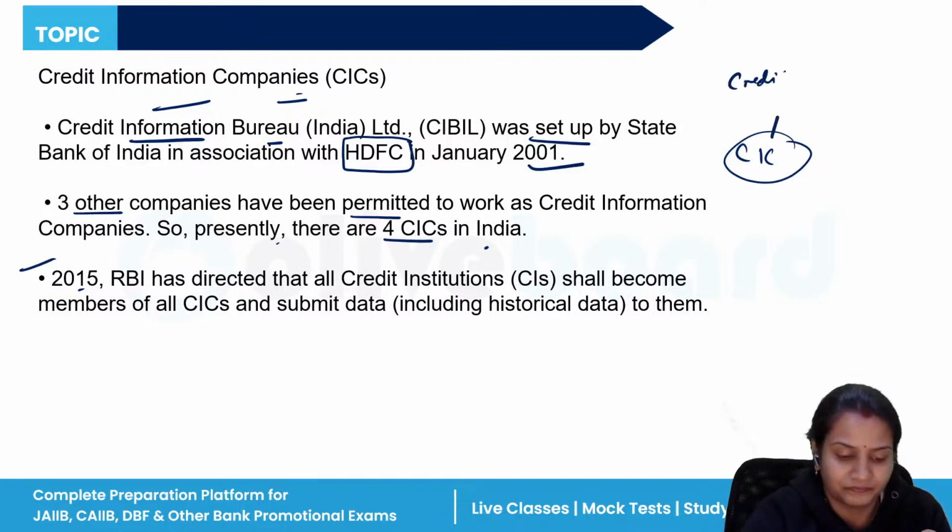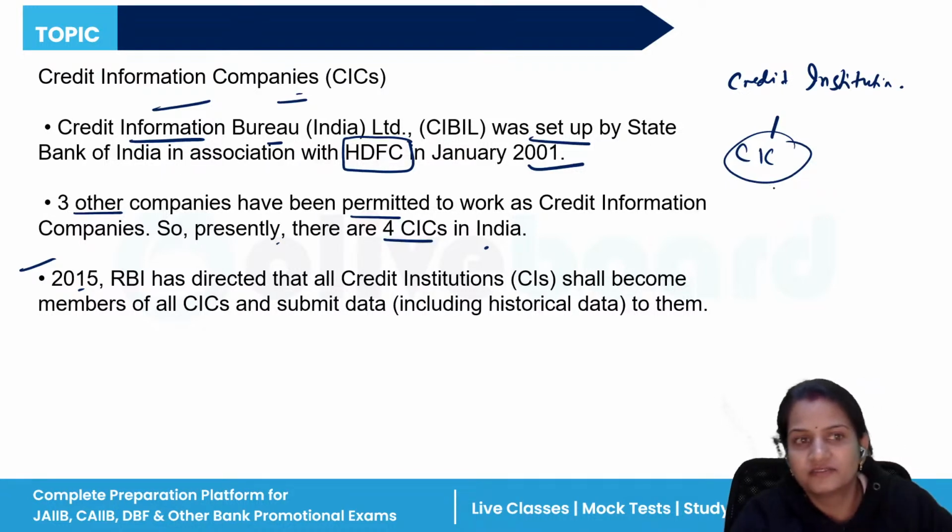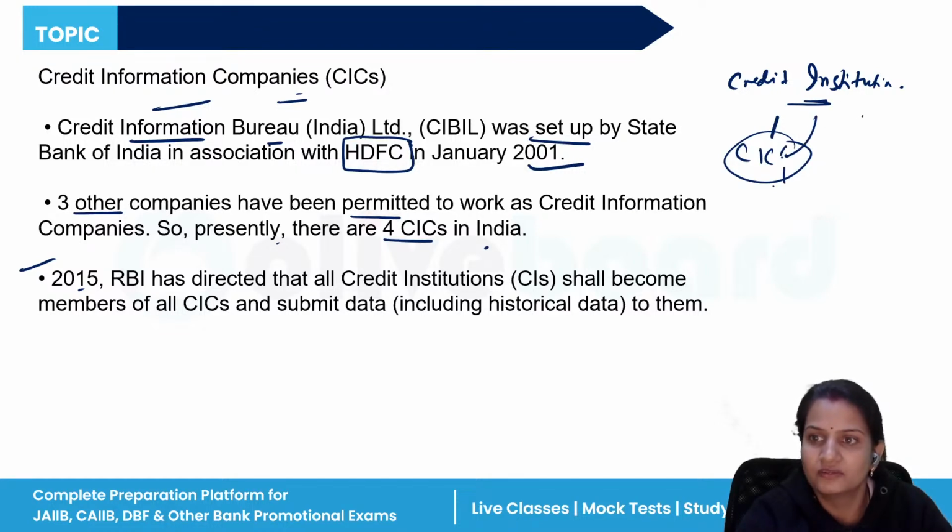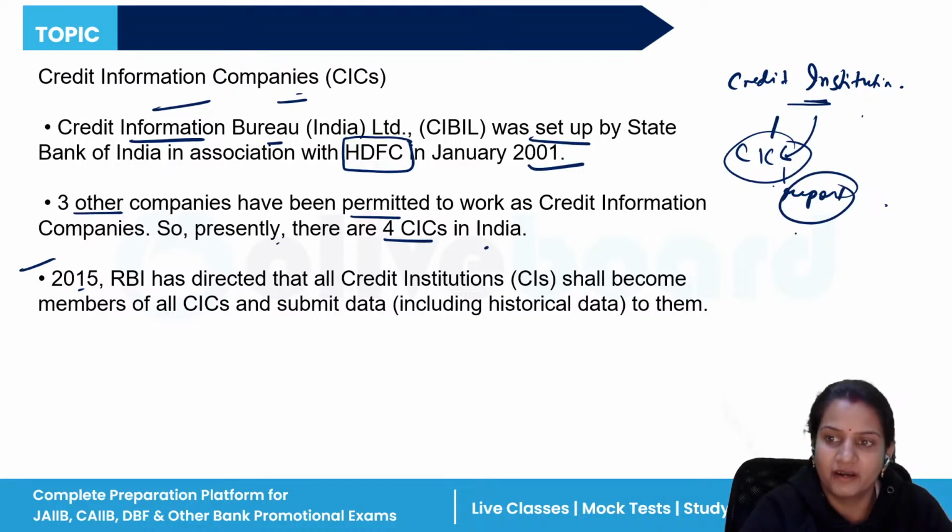It means all credit institutions will become a part of the credit information companies, and they have to submit all the data to CIC: historical data, past data, present data, all the reports, so that proper credit rating can be done and there are fewer chances of any kind of default in our country. So to have a good credit rating, a good CIBIL score, we have to provide all the data. Transparency should be there.